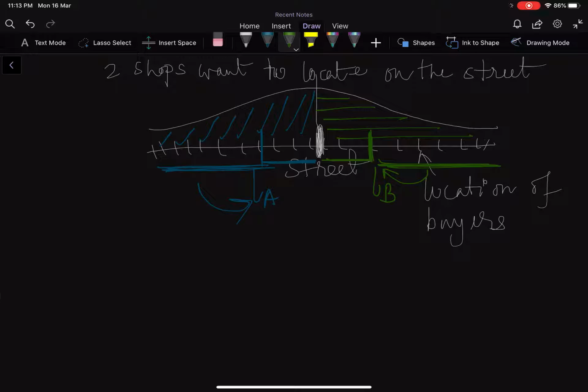The objective of the shops is to maximize the share of buyers going to their establishment.